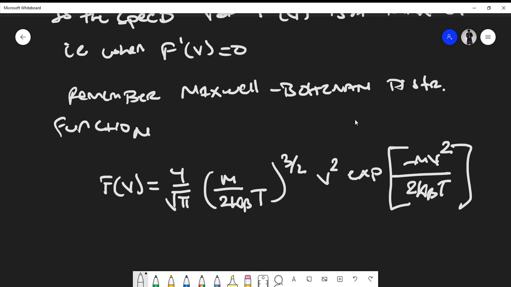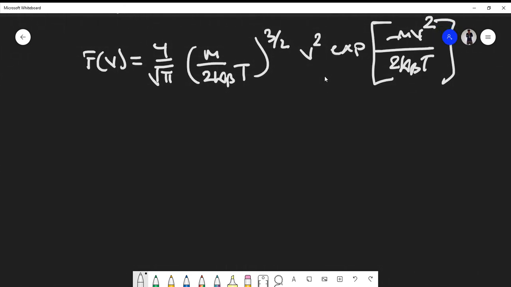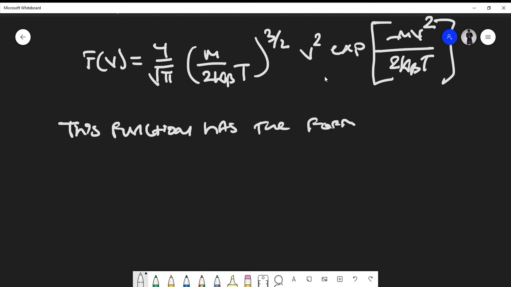Now the reason why I wrote this function out again is because it has a specific form. This function has the form f of v is equivalent to some constant c times v squared e raised to the negative av squared. That is the general form of the function.